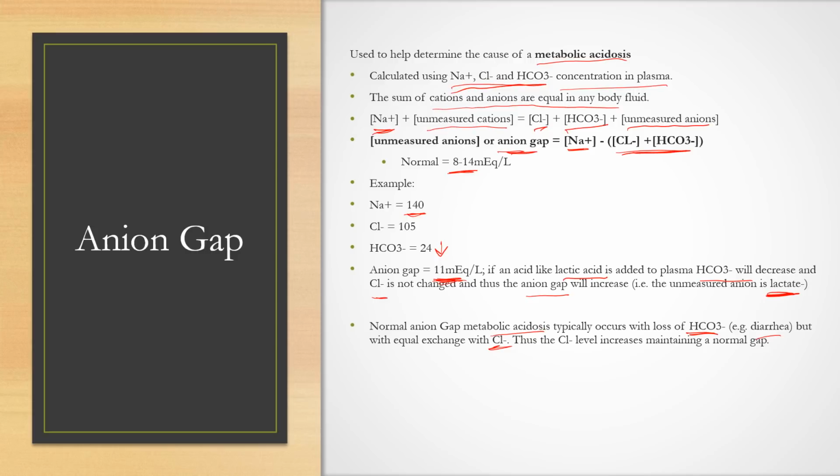Since it's replacing the loss of all the bicarb, it maintains the gap. In other types of acidosis, we'll end up with a larger gap because it's going to decrease bicarb without any compensation or any increase in the chloride. So later on, you will learn in the pathophysiology lectures what the differentials are for metabolic acidosis with an anion gap versus a normal anion gap.